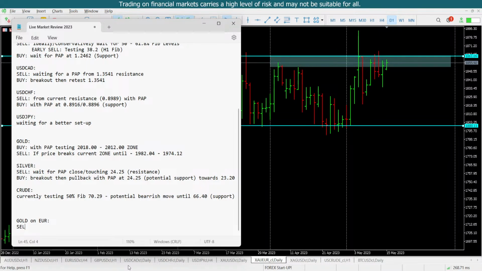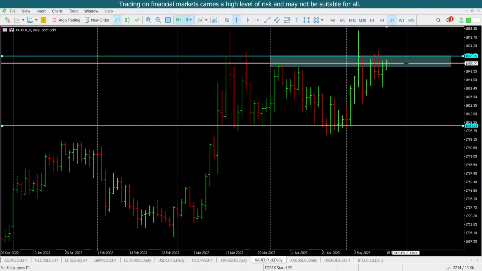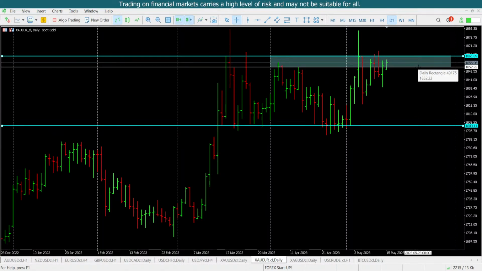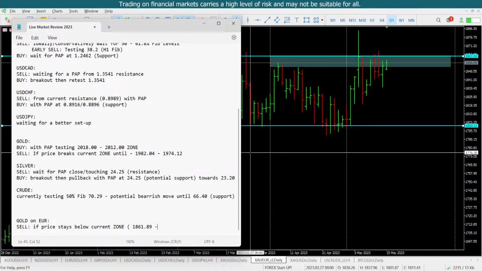So, sell if price stays below the current zone, this is 1861.89 till about this one, 1852.22.